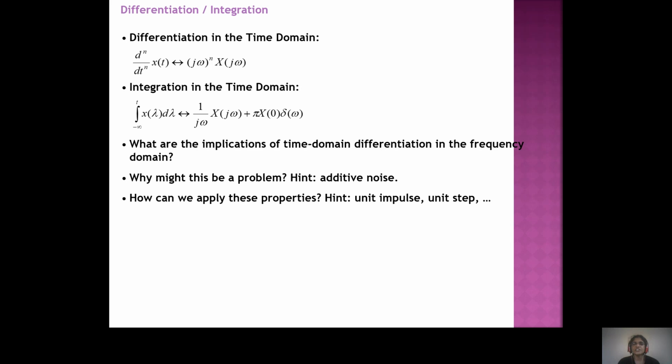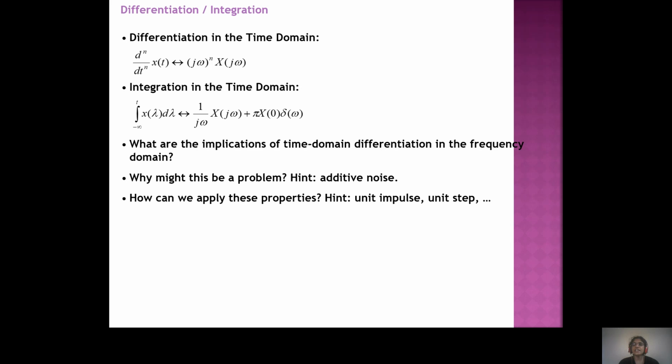Next one, differentiation. Differentiation or integration. So differentiation in the time domain: d power n by dt power n x of t corresponds to j omega power n X of j omega.